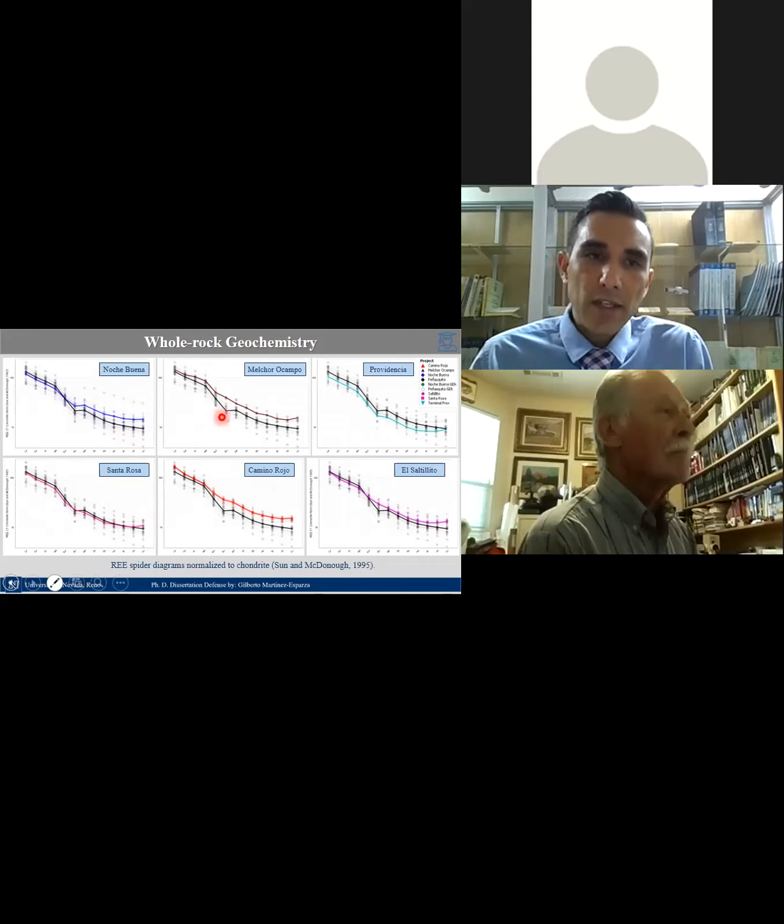And we can see the europium negative anomaly, which indicates fractionation of the plagioclase. So as the rock became more evolved, we have a more negative anomaly in europium. We can see the same trends for the whole units, though we have relative enrichment, especially comparing with the Peñasquito trend.